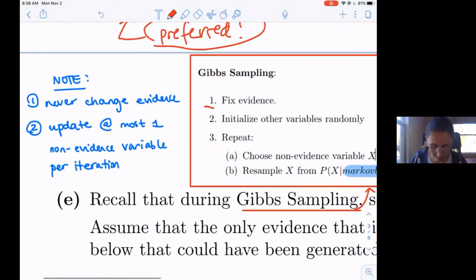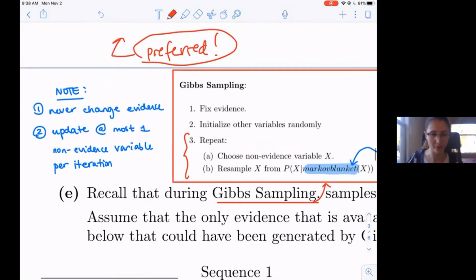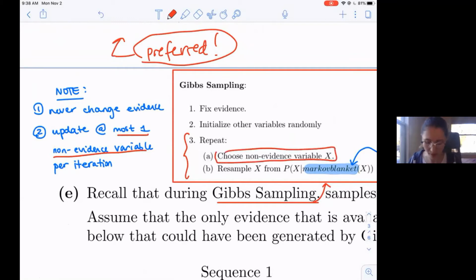First, because we fix the evidence, we never change it. Another thing is that in this iterative loop, we update at most one non-evidence variable per iteration, because we choose one non-evidence variable x and then resample. These are two important things to keep in mind.